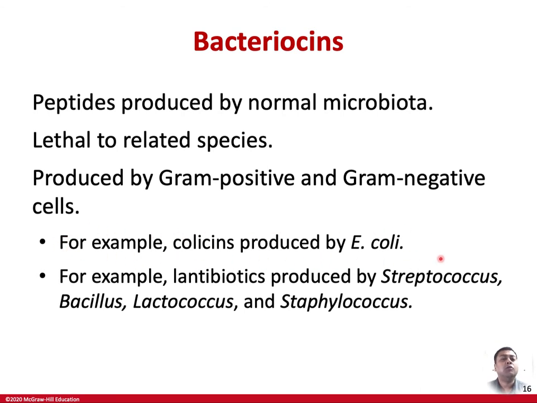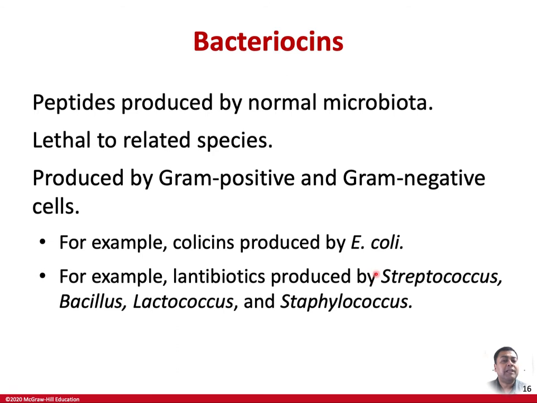coli or close species. On the other hand, there are some specific Streptococcus, Bacillus, Lactococcus, or Staphylococcus that produce some of the lantibiotics. These lantibiotics are bacteriocins, which work the same way: they do not allow closer species to grow in the gastrointestinal tract mainly.